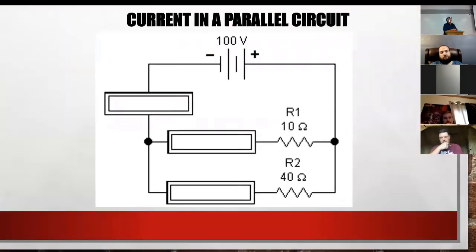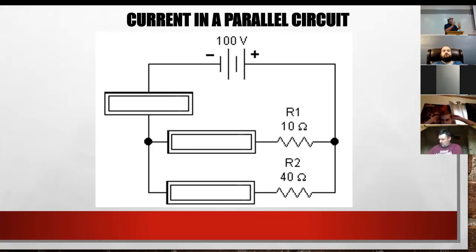By the way, when we talk about in a series circuit, the voltage is divided proportionally. In a parallel circuit, the current is dividing inversely proportionally. That means in a series circuit, when the voltage is divided proportionally, the larger resistor always gets the larger voltage.